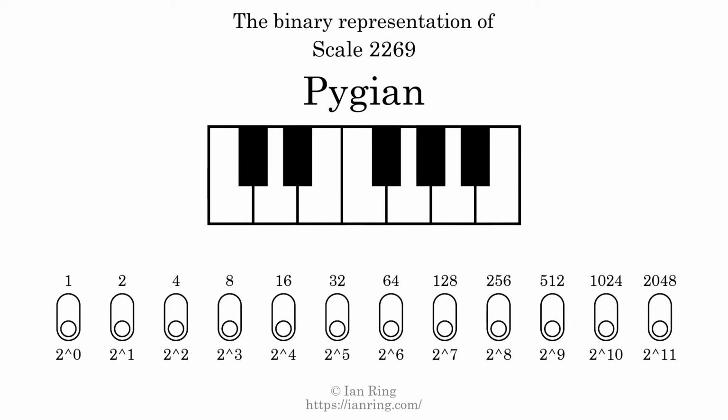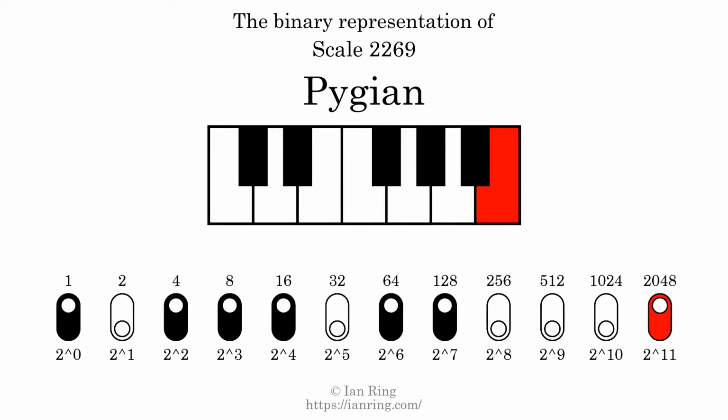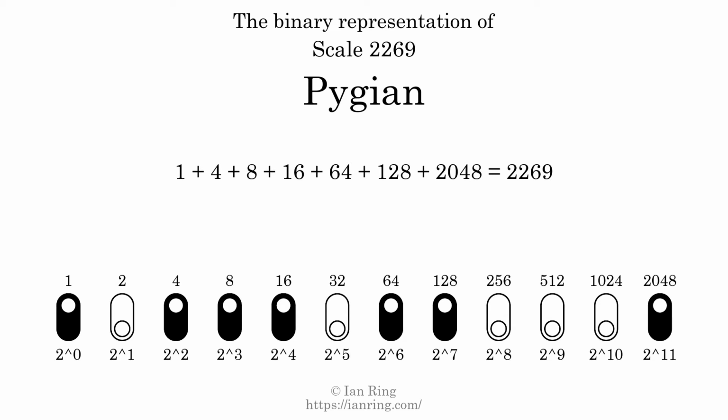The binary representation of this scale is determined by mapping tones of the scale to binary digits. Each binary digit represents a power of 2. To get the scale number, we add the powers of 2 together. The powers of 2 that are present in the scale, all added together, equals 2269.